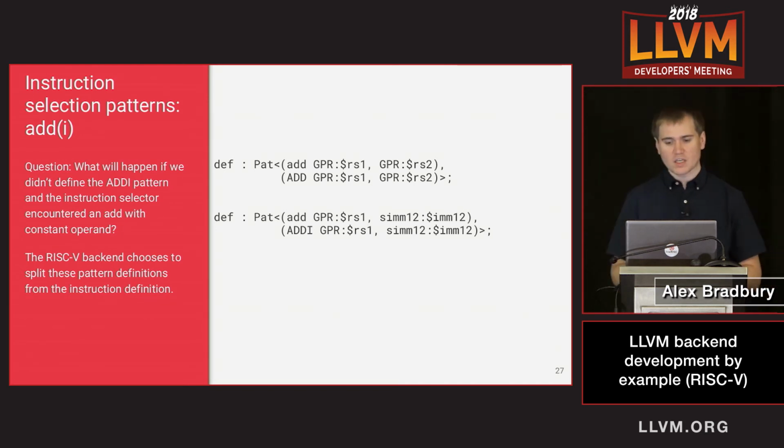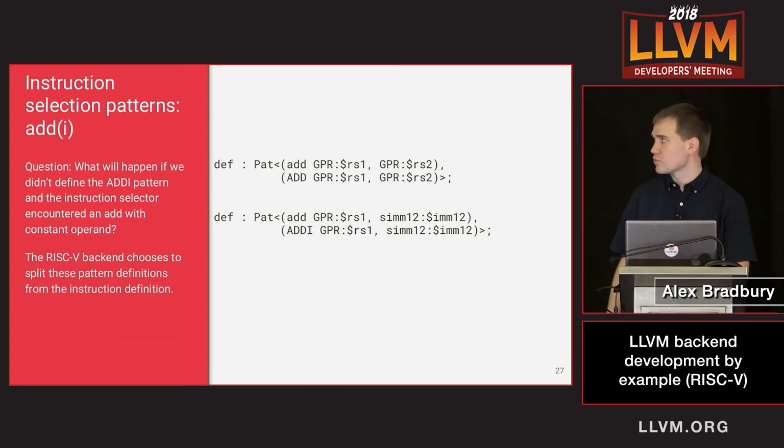It might be worth thinking about what would happen if we hadn't specified this extra pattern. If you imagine other operations that our backend is going to encounter, add immediate is present because it's very common in input code, but there are other operations that only have register forms.